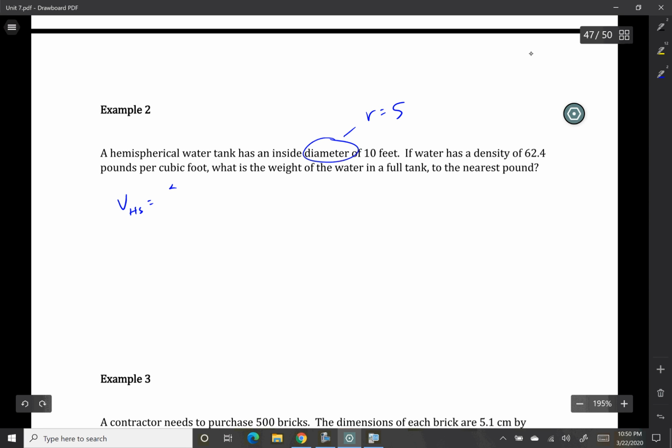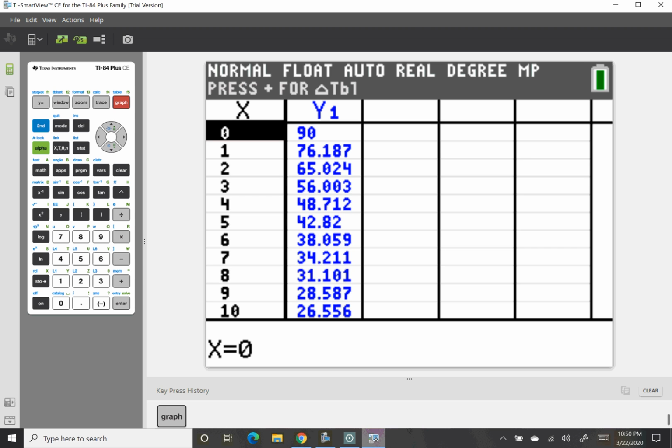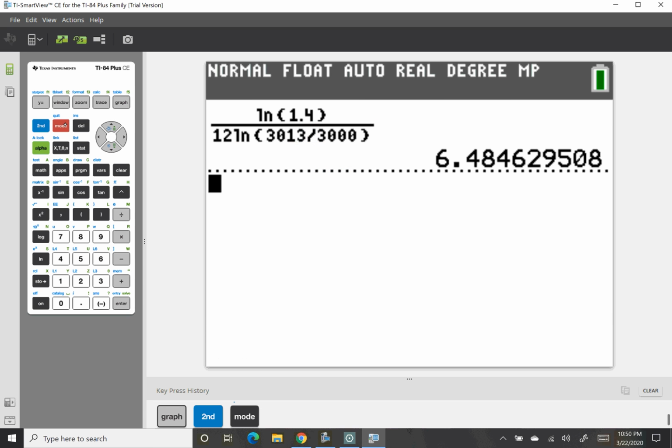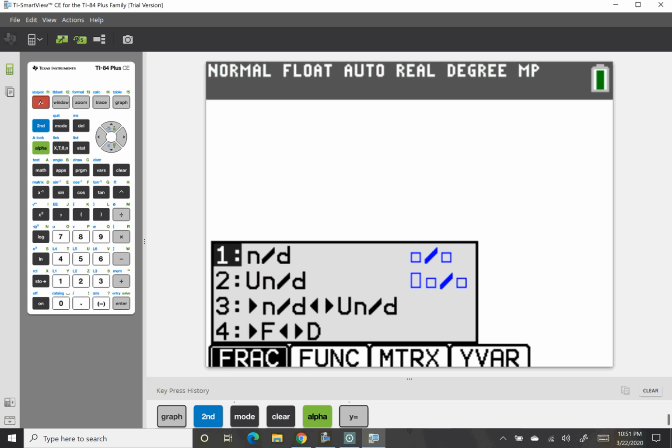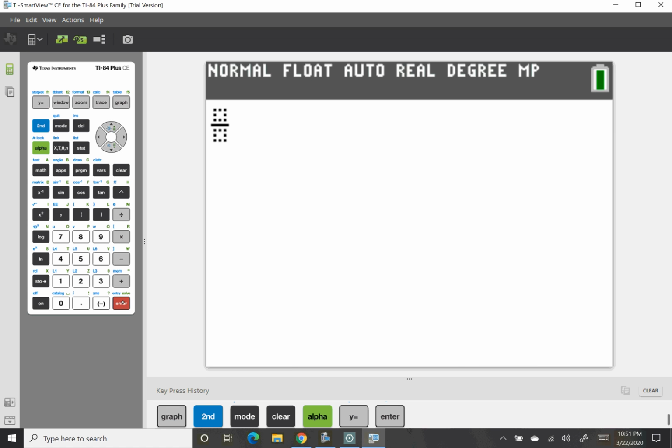We've done hemispheres a few times, so I'll just put the formula down here, right? Volume of a sphere divided by 2. So the volume of a hemisphere for this water tank is going to be 4/3 pi times 5 cubed divided by 2. So let's take a look how we type that in the calculator. So in our calculators here, if you have the new calculator, you can hit alpha y equals, hit enter, and you get a nice little fraction button that pops up here.